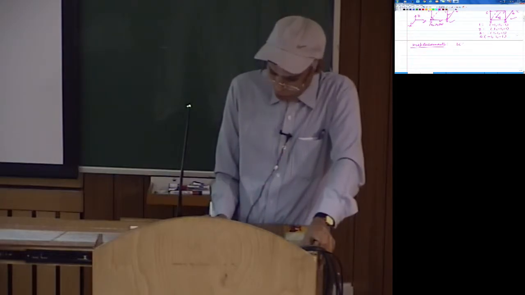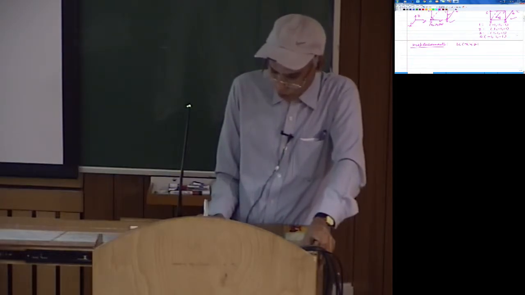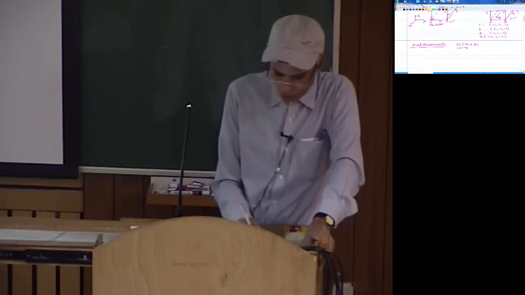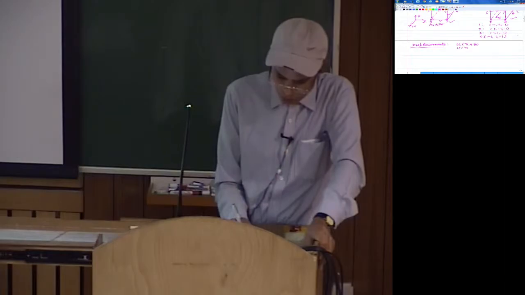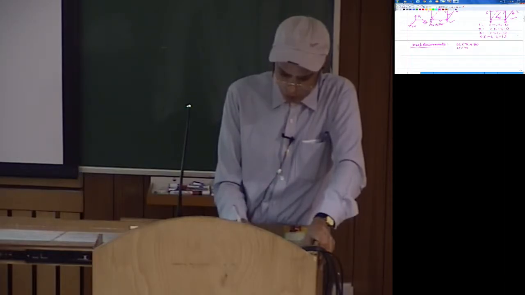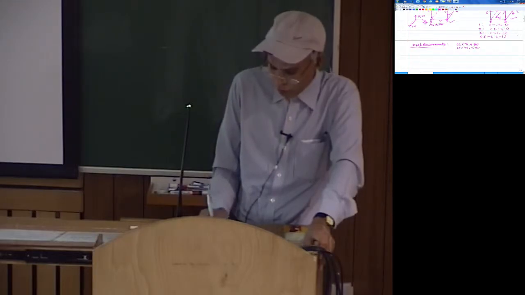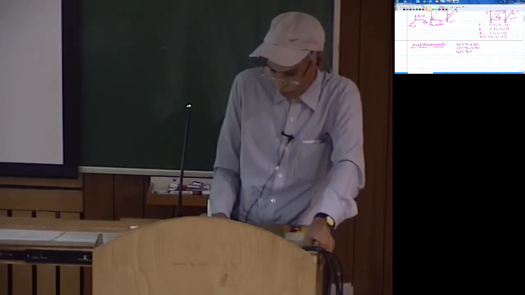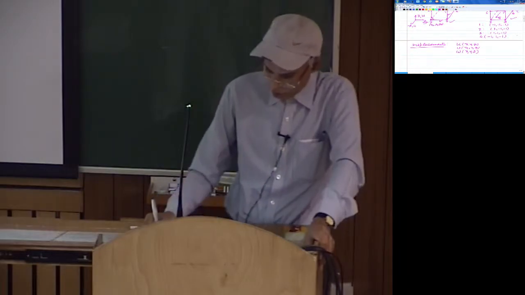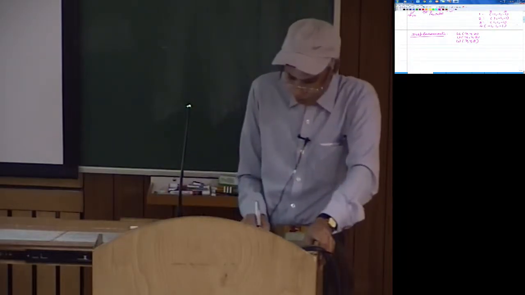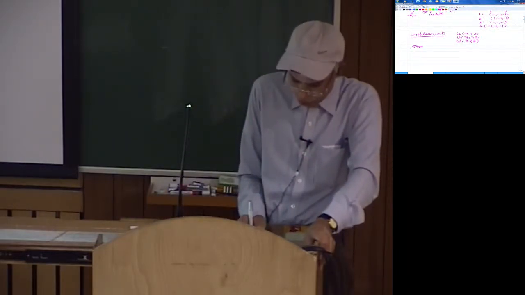So u is the displacement along x direction, displacement along this direction is v, and the displacement in this direction is w, and they are functions of x, y and z for static equilibrium problems.